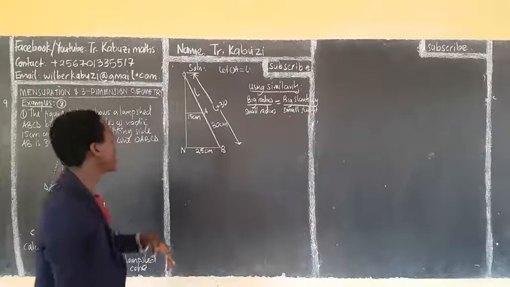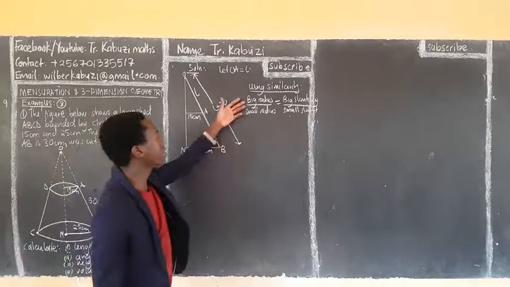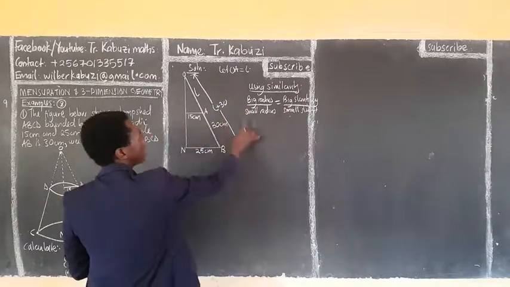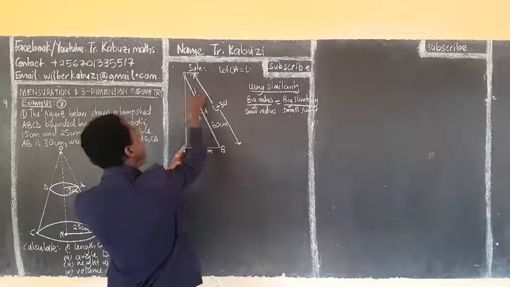Or some people say big height, big radius over big slanting, it's up to you. Everything is going to work. So this is now the big radius.